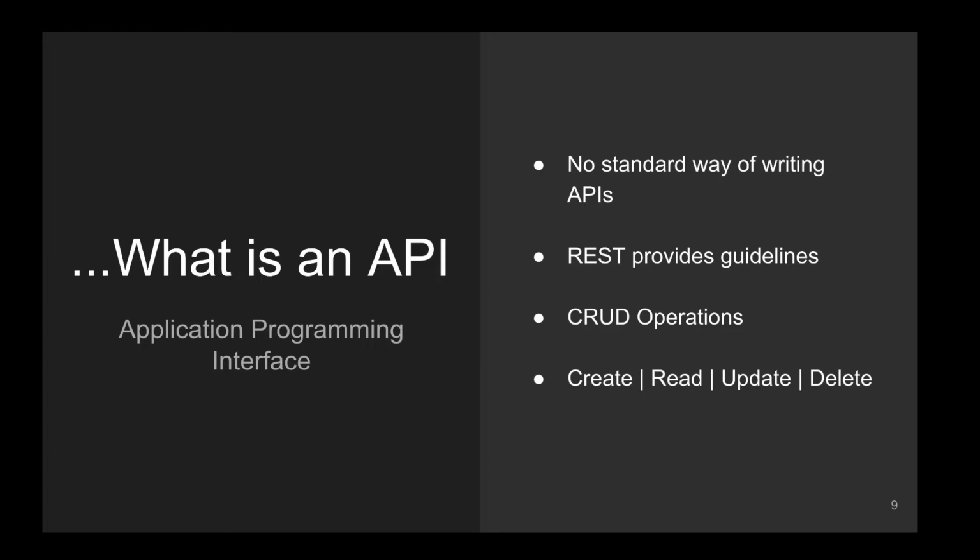You're going to hear about something called a CRUD operation over and over when you're using REST. And all that stands for is, it's an acronym for creating, reading, updating, and deleting records. So essentially, when you're making a call over an API, you're performing one of those 4 operations.